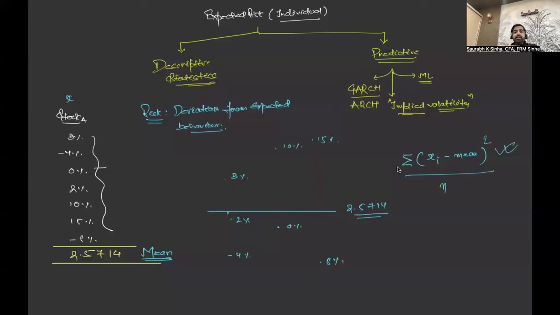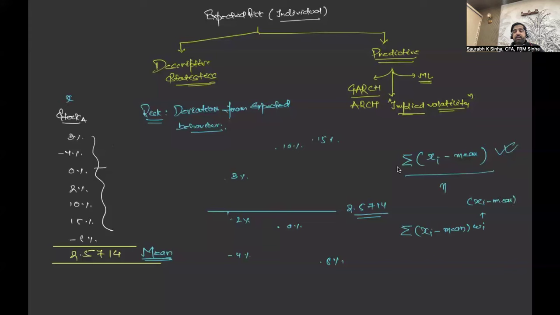I want to assign more weight to it. How would I do that? Either I will just not do the square and write weights and then get the weights from somewhere, or I can simply say the distance itself is the weight. When I say the distance itself is the weight, this weight is xi minus mean.